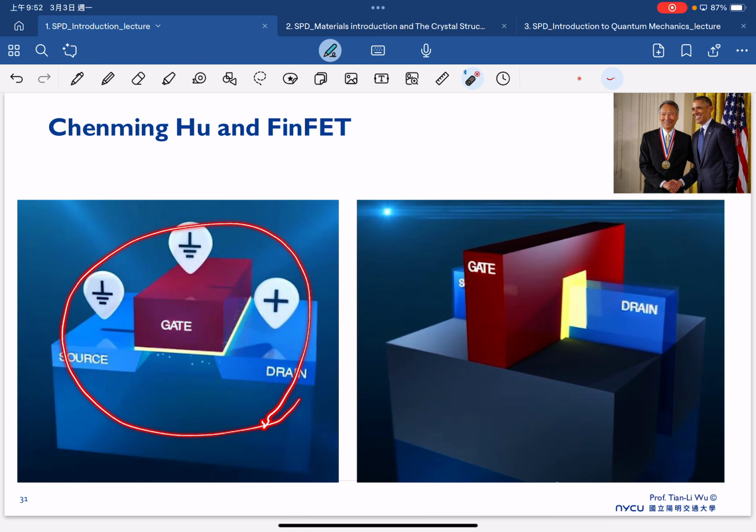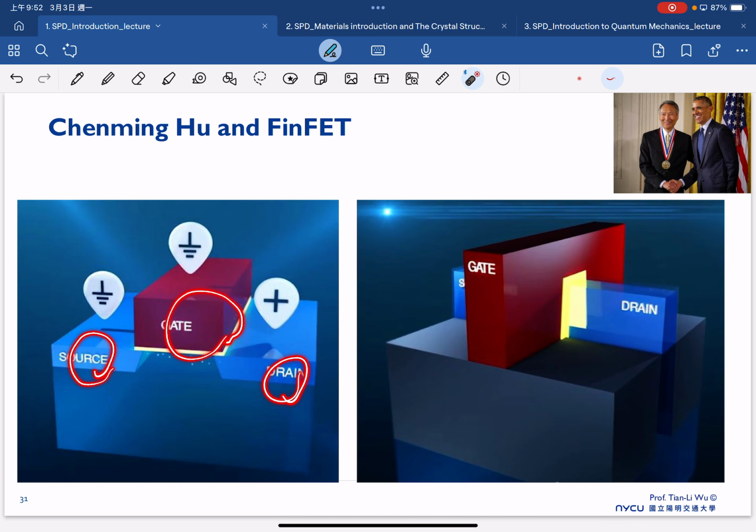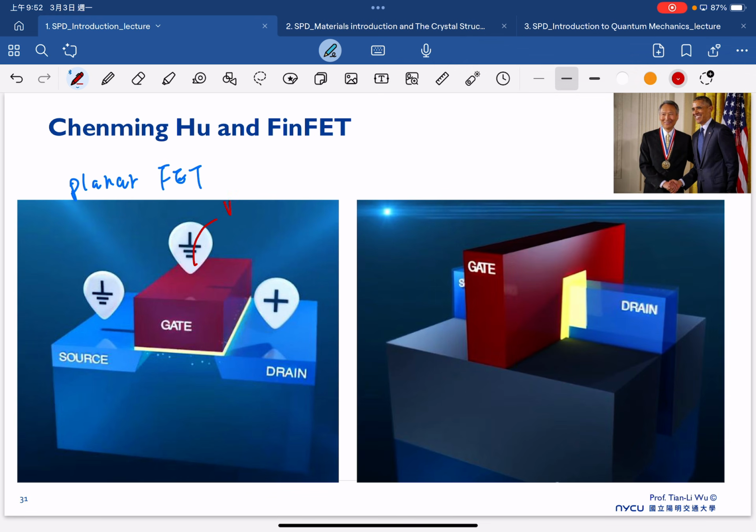So, like I say, this kind of transistor we call the planar transistor, because the source, drain and gate are all in the same plane. That's what we call the planar FET. In this case, we apply the gate bias and the drain bias, and once our gate bias is increased larger than our threshold voltage, we start to have electron formation under the gate region, which is the channel region.